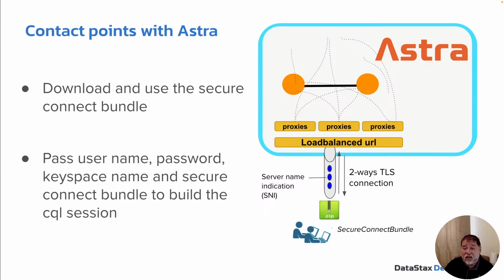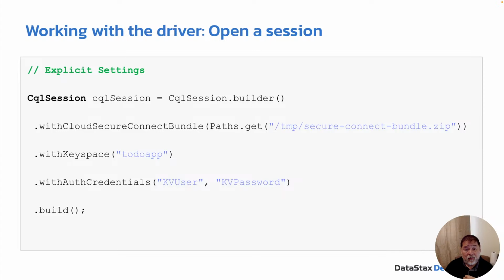And in ASTRA, the Secure Connect bundle is going to give us information on the connection. How do we know where to connect? We didn't give any URLs because the Secure Connect bundle has them. And then the token generated the username and password information. So we open a session using the Secure Connect bundle.